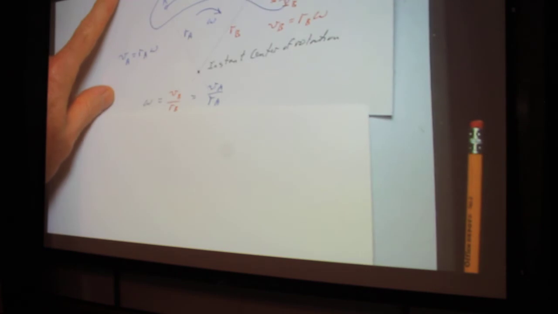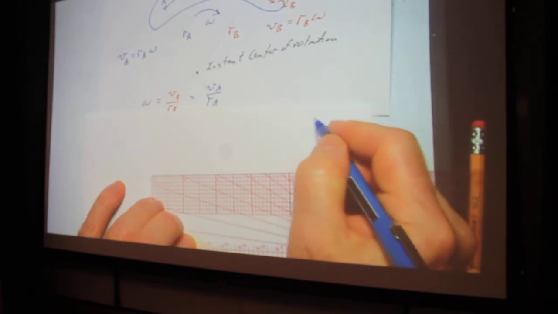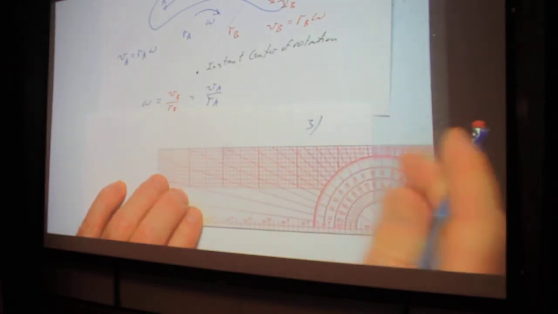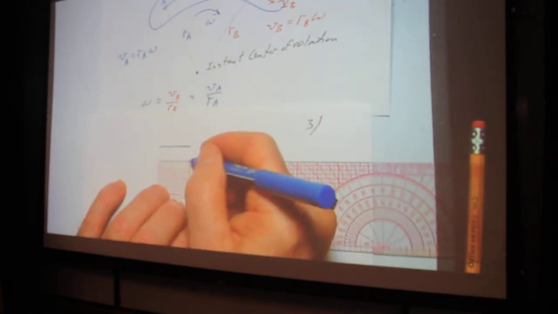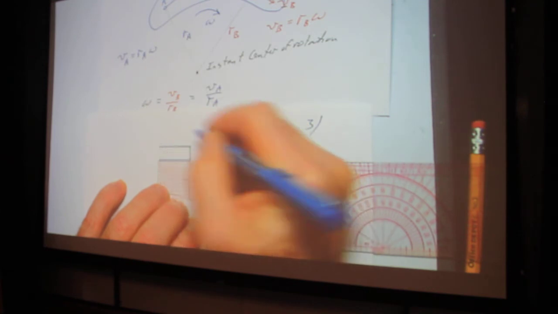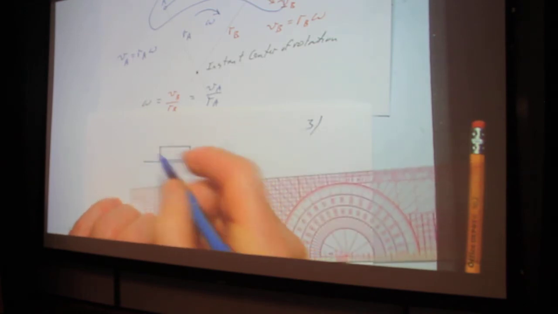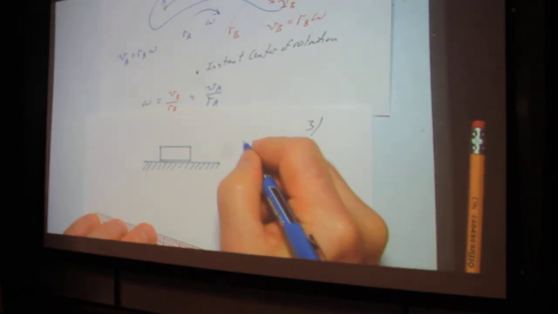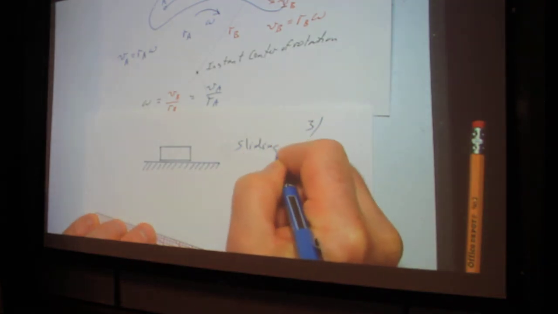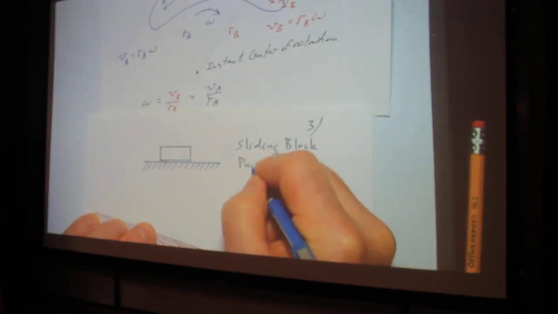So let's look at another case here. Say if we have a sliding block. So we have a sliding block. It's pure translation.